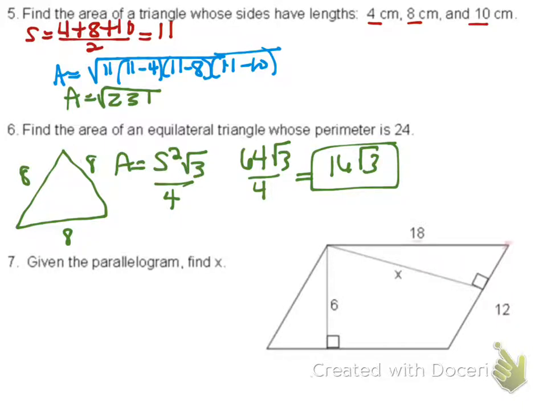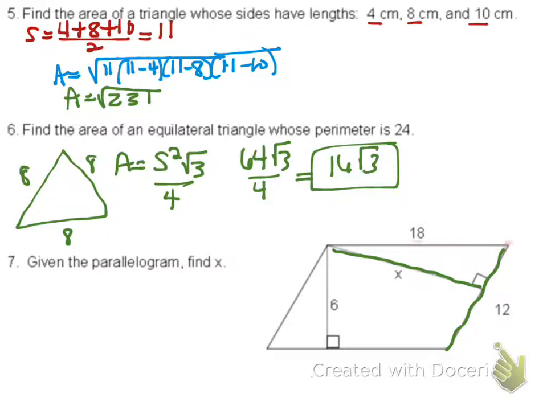Number 7, given the parallelogram, find x. So notice where x is. X is the height, but if x is the height, then the base is 12 that goes with that x. Okay? So the problem is, to be able to find x, I would probably need to know the area, and I don't know that yet.